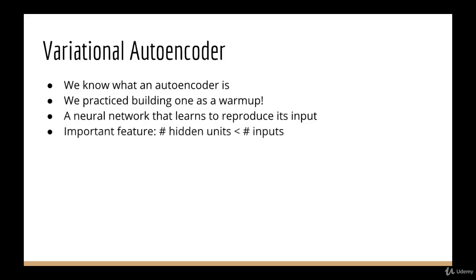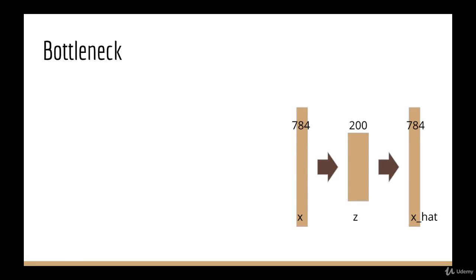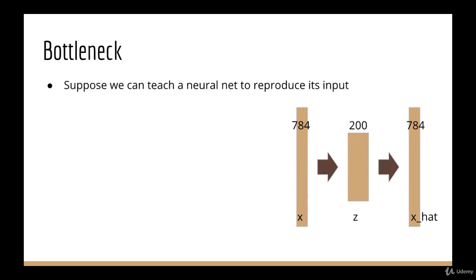One important feature of autoencoders is that typically, we choose the number of hidden units to be smaller than the input dimensionality. This creates a bottleneck and forces the neural network to learn a more compact representation of the data. So what do we mean by that? Well, suppose we can teach this autoencoder to faithfully reproduce its input.